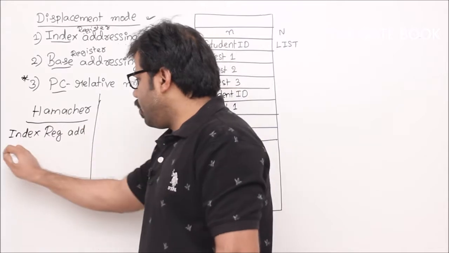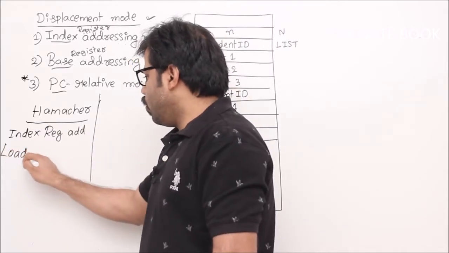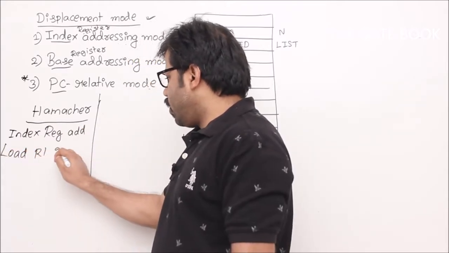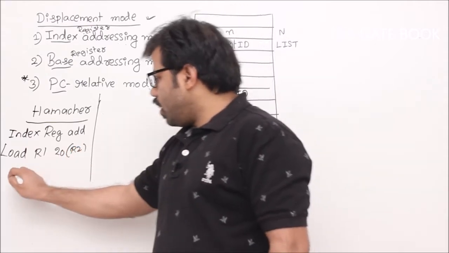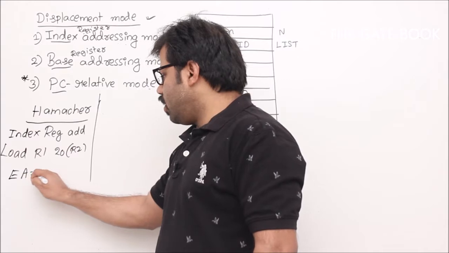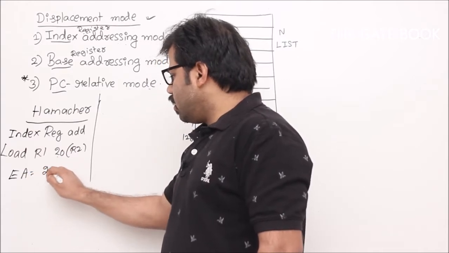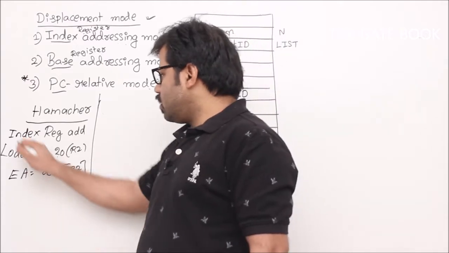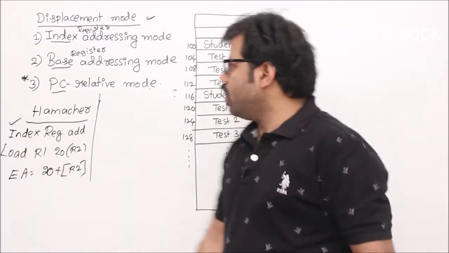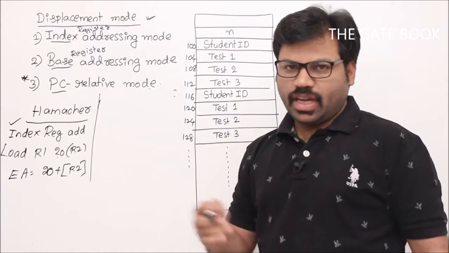In that we write instructions like Load R1, 20 of R2. Here the effective address of the operand is nothing but 20 plus the content of R2. So this is Hamacher's definition of index register addressing mode.